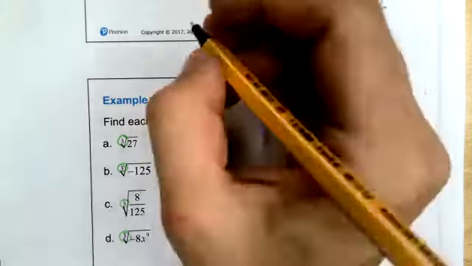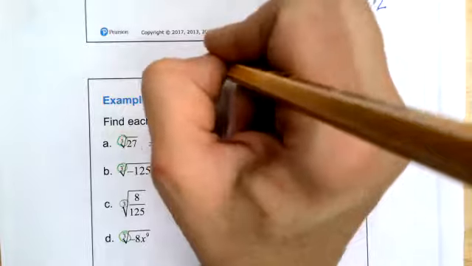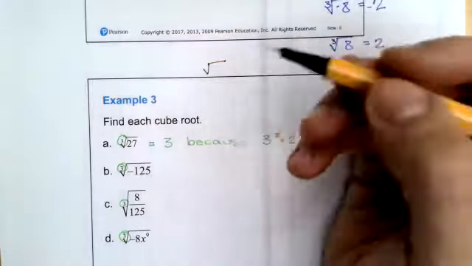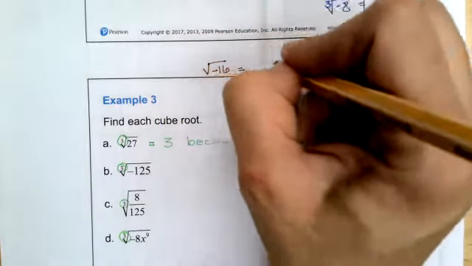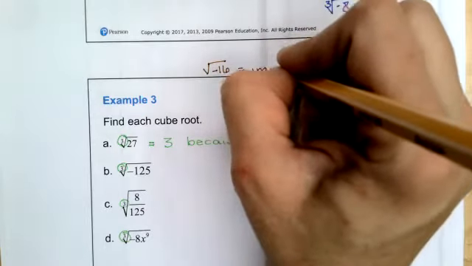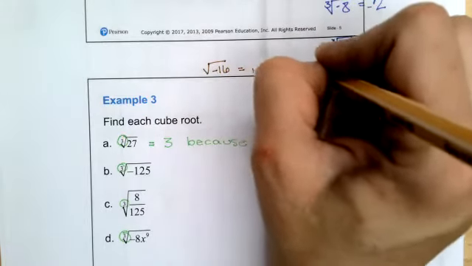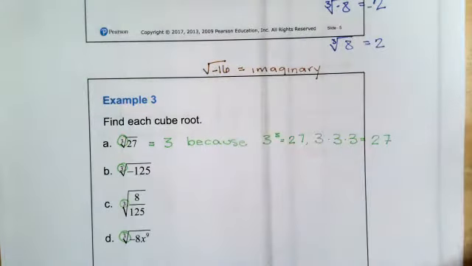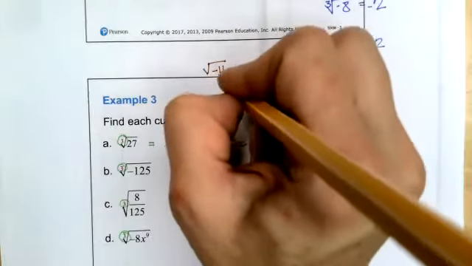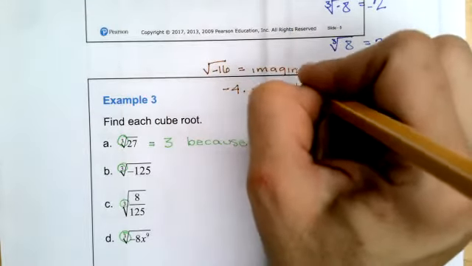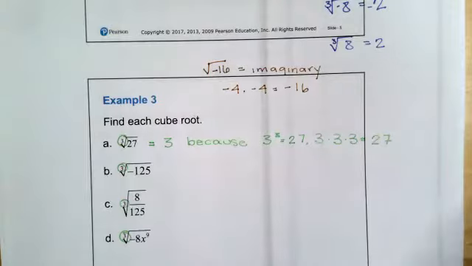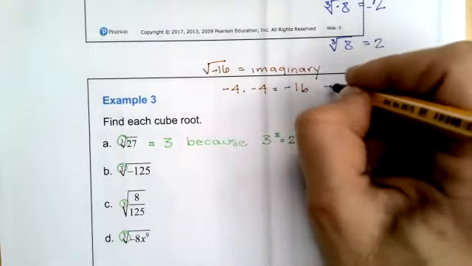The reason that the square root of -16 is imaginary and is not -4 is because you can't say -4 times -4 equals -16, right? That's just not true. That's false.